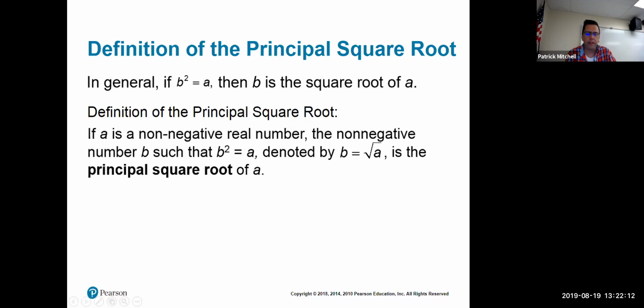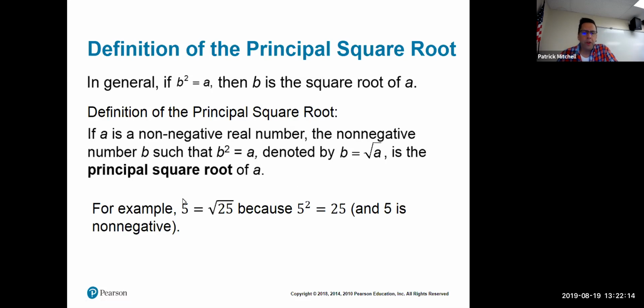So let me just go right to the example. We say that 5 is the square root of 25 because 5 is the number that you have to square to get 25. And I added a little note to this because there are actually two numbers that do that, aren't there? The square of 5 is 25. The square of -5 is also 25.